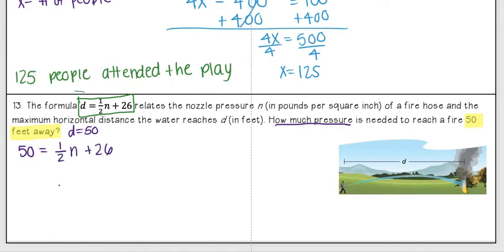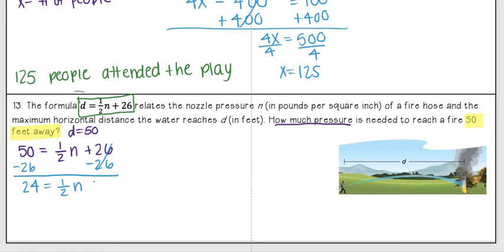So now I'm going to go ahead and solve this. So first I want to subtract 26 from both sides. 50 minus 26 is just 24. Okay, and now I have that 1/2 again. You could divide by 2 if you want. I'm going to go ahead and do what I did before.